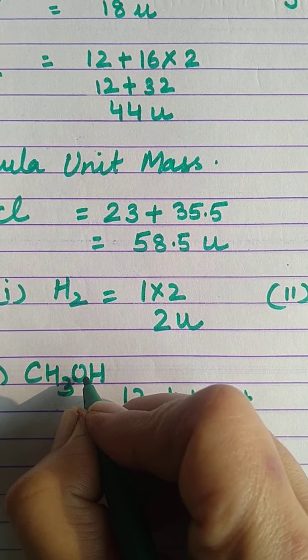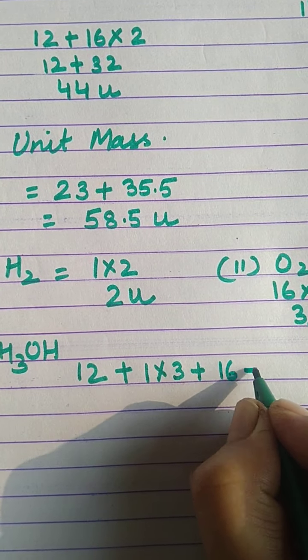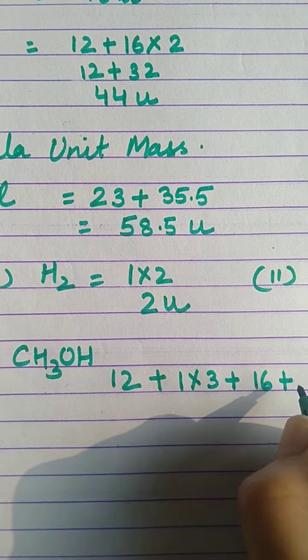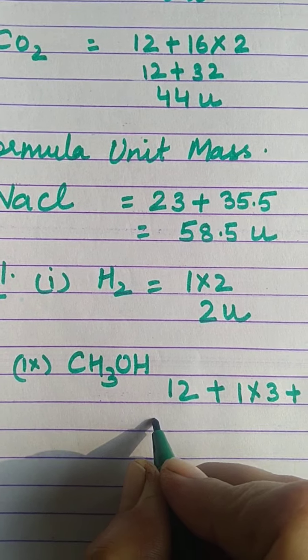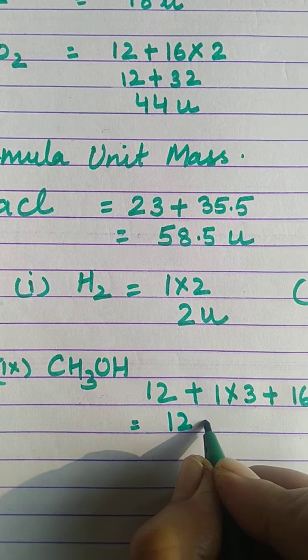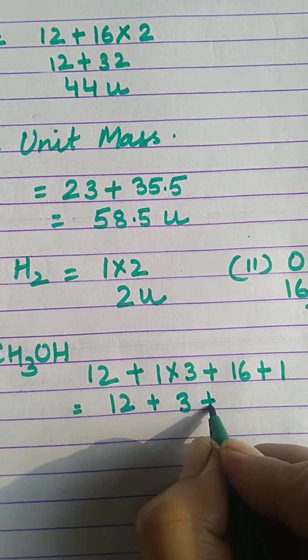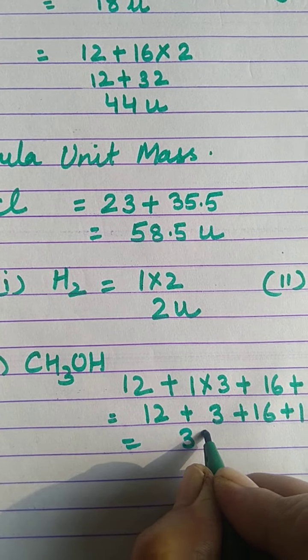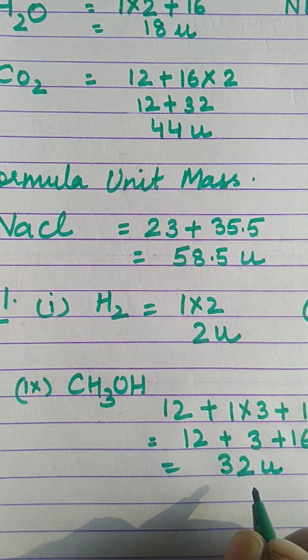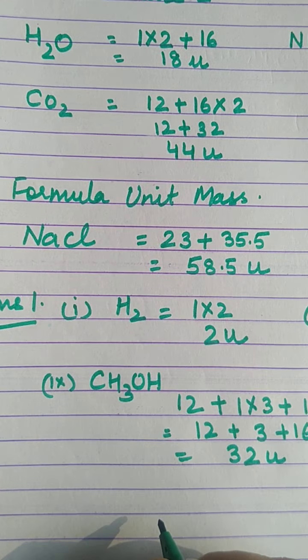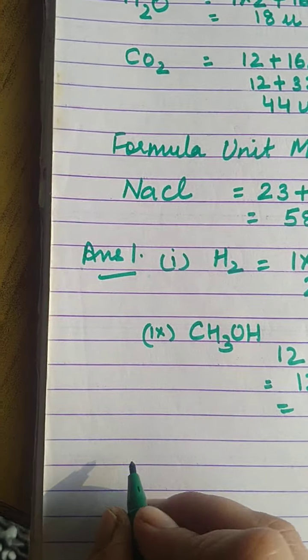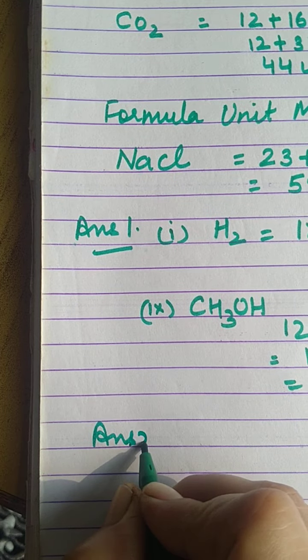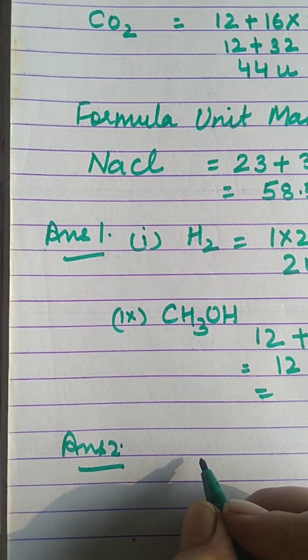Plus oxygen 16 plus hydrogen 1. If you add all, 12 plus 3 plus 16 plus 1, you will get 32 u. Right, students? Rest of the parts you can do yourself. They are very easy. Answer to some of the parts I will do for you.